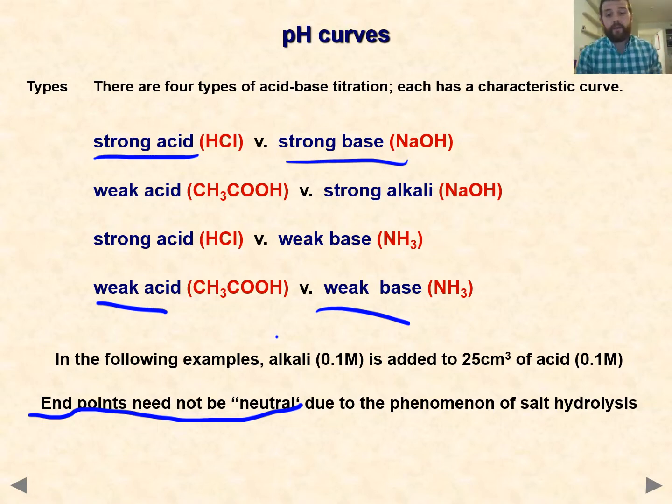The key point to notice is that the endpoints do not need to be neutral, especially if you're doing weak acids or weak bases, because they're going to have a natural pH that's outside of 7. If it's a weak base, when you have reacted all of it, you're going to have a pH that's just a little bit higher, or if it's a weak acid, it's going to be just a little bit lower. And you'll see this as it comes up.